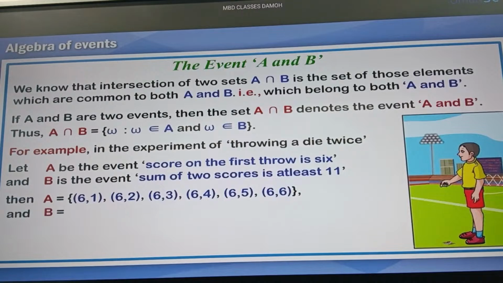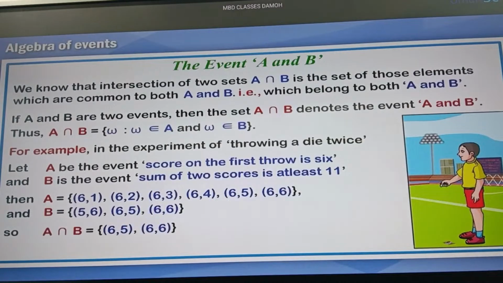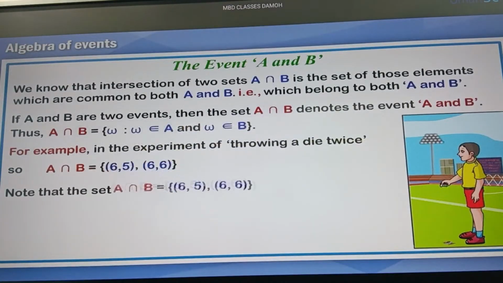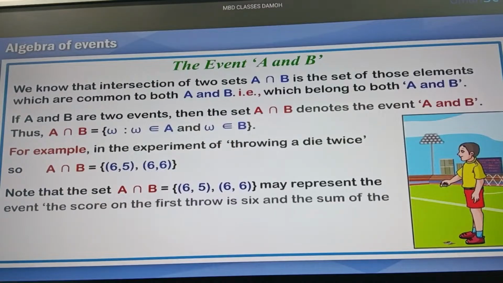And B is equal to {(5,6), (6,5), (6,6)}. So A intersection B is equal to {(6,5), (6,6)}. Note that the set A intersection B may represent the event: the score on the first throw is 6 and the sum of the scores is at least 11.